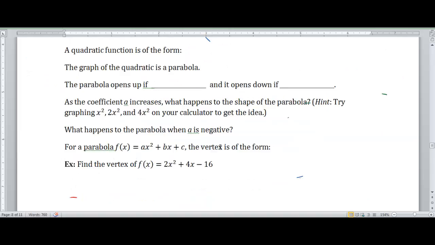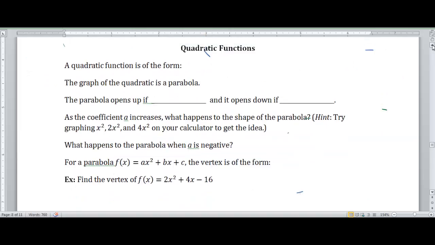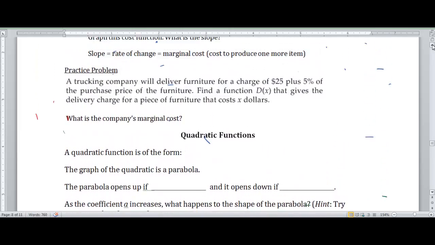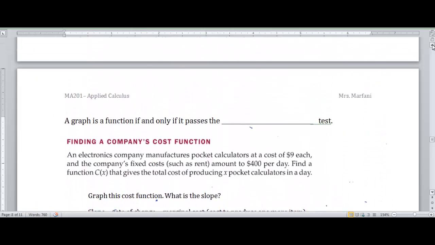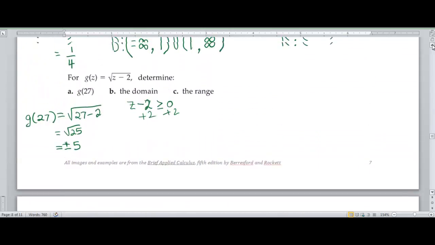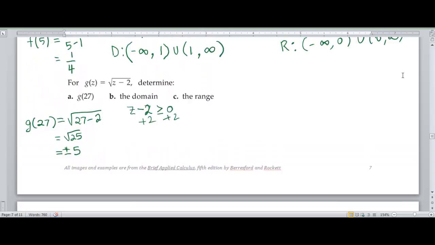So that means z has to be greater than or equal to 2. So that means the domain is going to start at 2. Am I including 2? Yes, because it can equal 2. 2 all the way up to infinity.